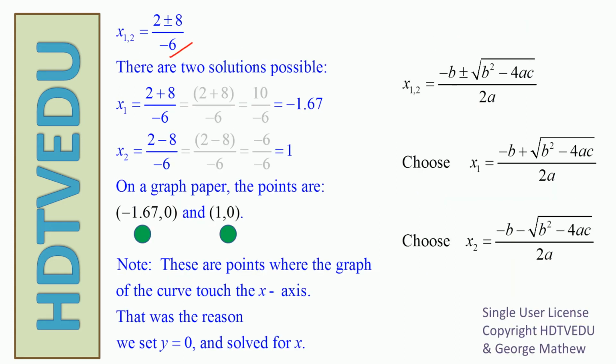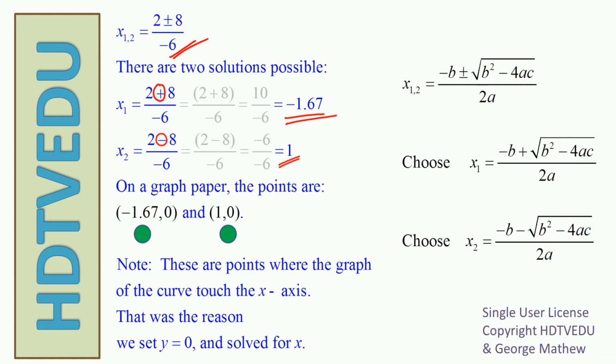So we have 2 plus or minus 8 divided by negative 6. Let's go for the plus solution. 2 plus 8 divided by negative 6 is 10 divided by negative 6, and that is negative 1.67. Let's go for the minus. 2 minus 8 divided by negative 6 is negative 6 divided by negative 6, and that is 1.